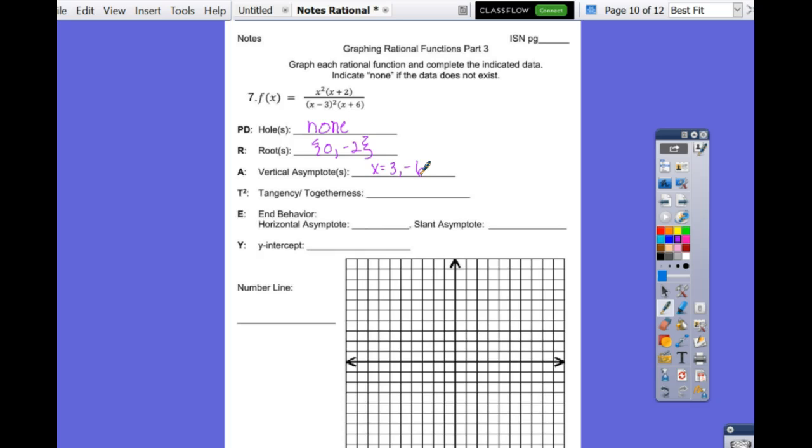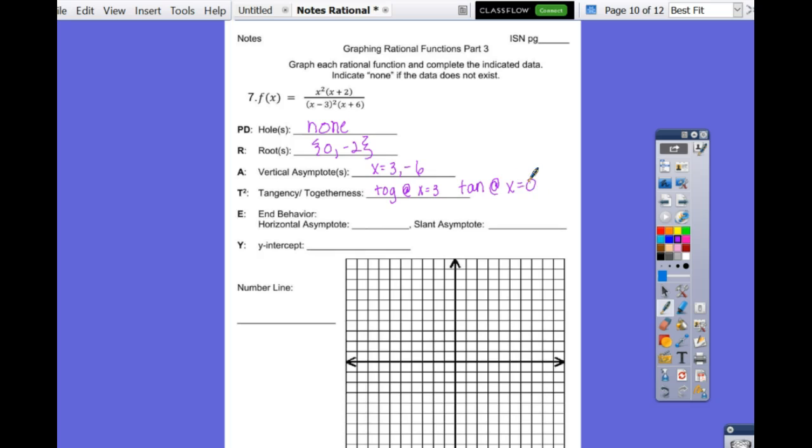Now, do I have togetherness? Togetherness at x equals 3. So at the vertical asymptote of 3, they're either hugging going up or hugging going down. Do I have a repeated term on top? I do. So I have tangency at x equals 0.